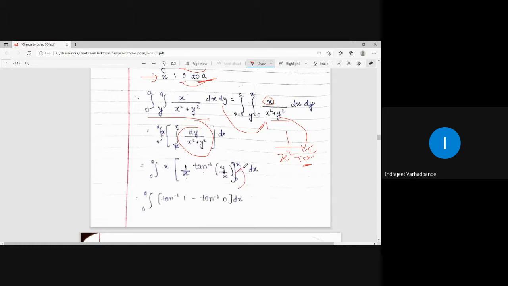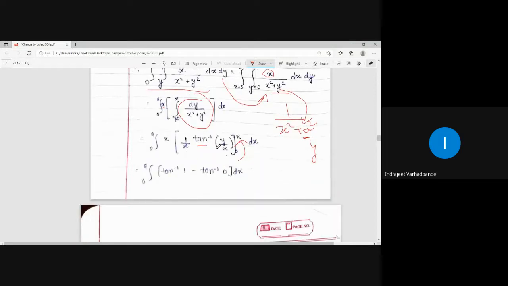Limits are to be put between 0 to x, because those are the variable limits. So x is our constant which can be compared with a. So it is 1 by x tan inverse of y by x, 0 to x.